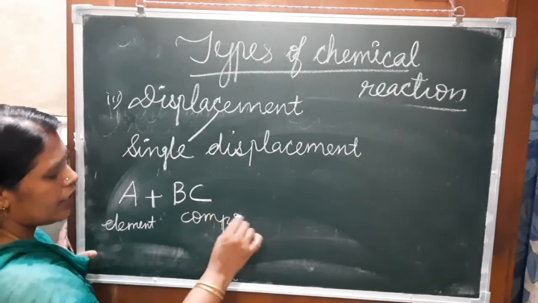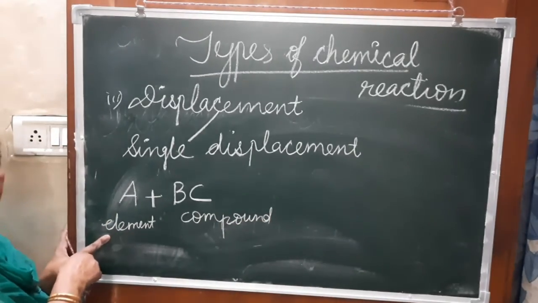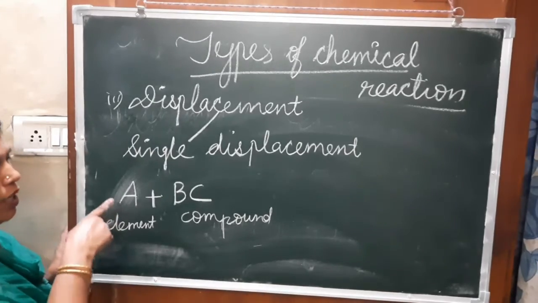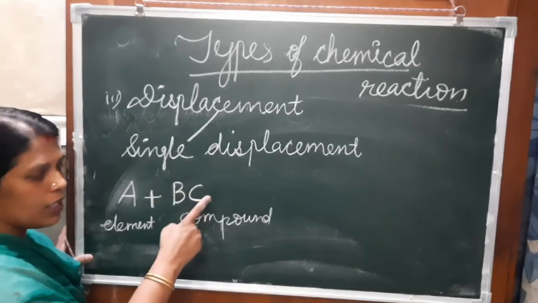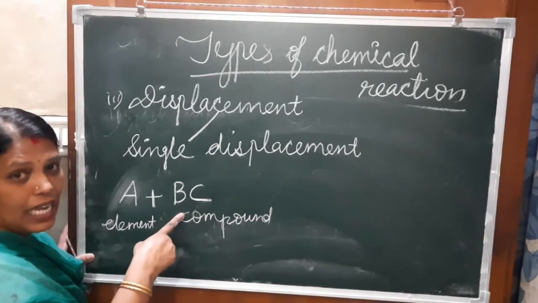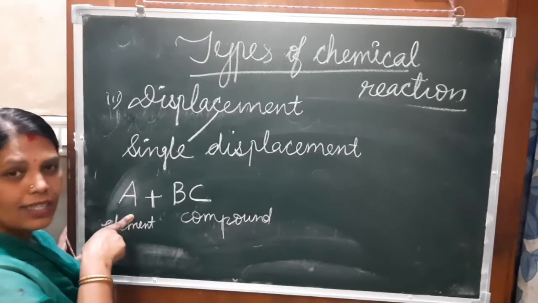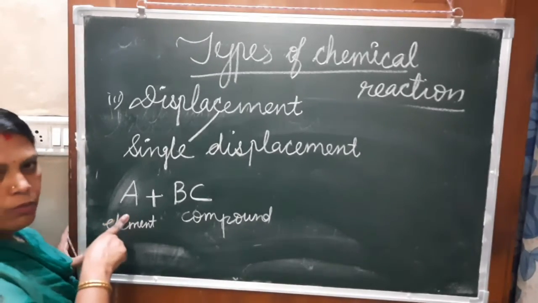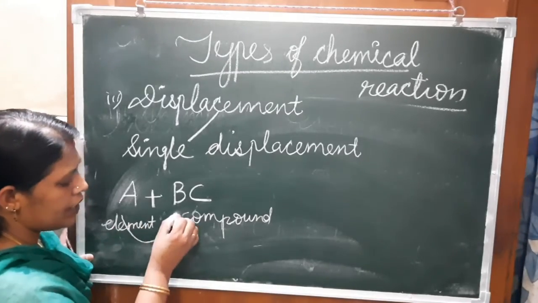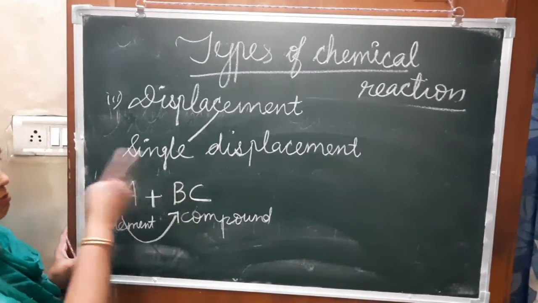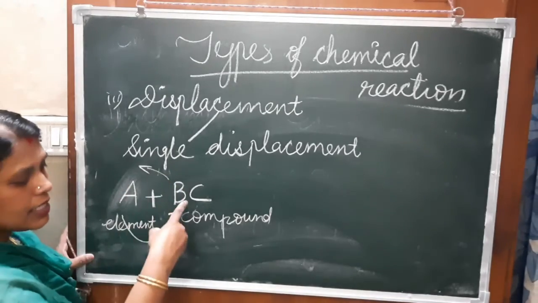Here A is more reactive, and B in the compound is less reactive, so B will be replaced by the more reactive element. A goes in, replaces B, and takes its place.